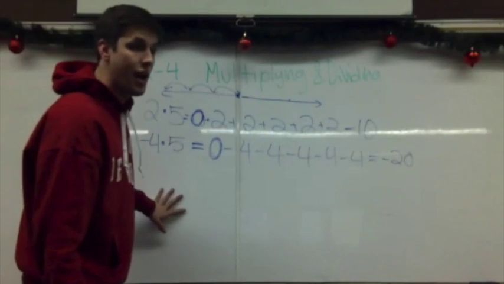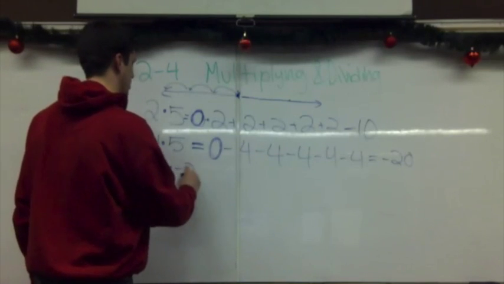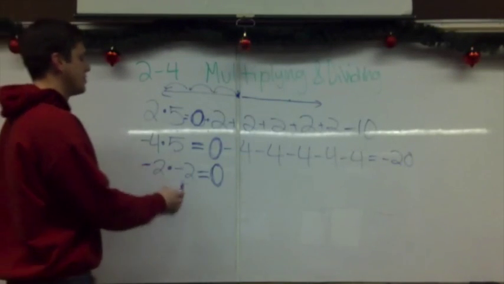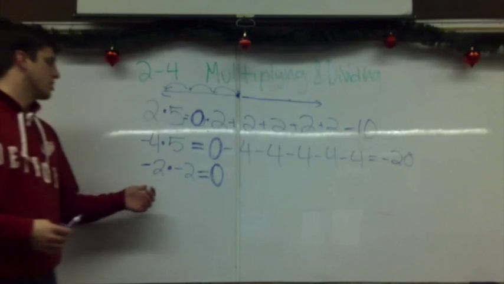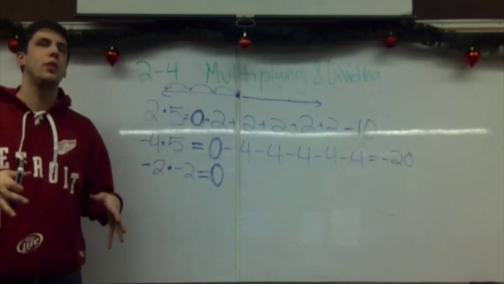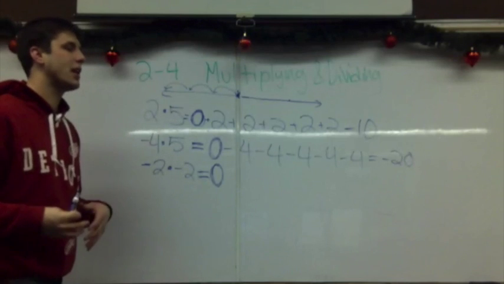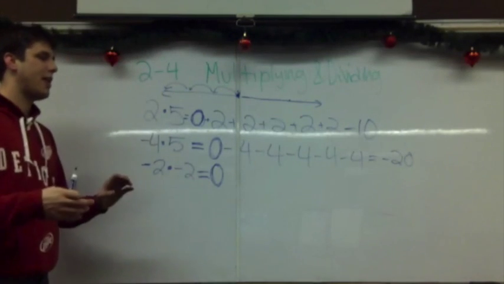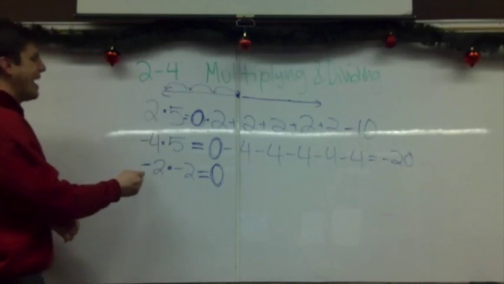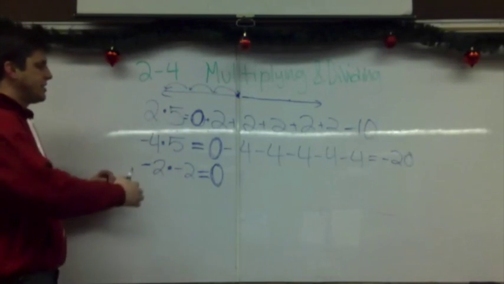All right, in the next one down, we have negative 2 times negative 2. That means it's sort of like the money situation that I talked to you about earlier with double negatives. Taking away a debt is a way to think about double negatives. So it's like you're taking away negative 2 steps 2 times.